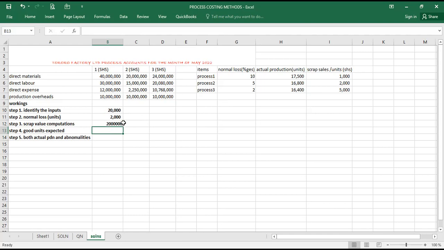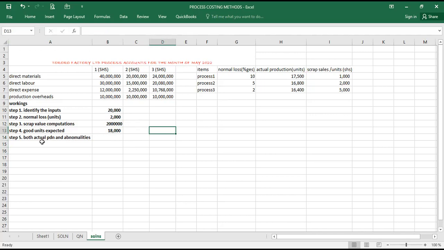And we said we want to get the good units expected. To get the good units expected, we get the input, what we put in, we deduct the normal loss we are expecting to incur, then we'll be remaining with 18,000. Hope you've got that.